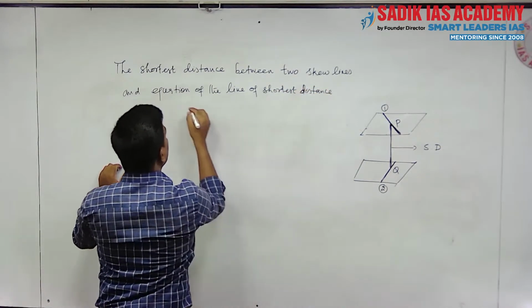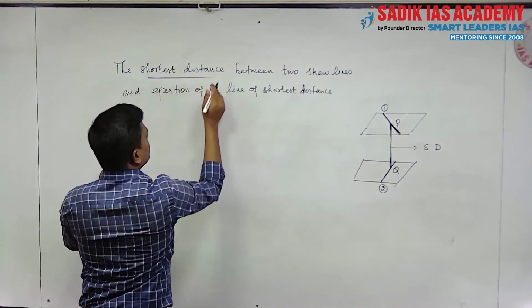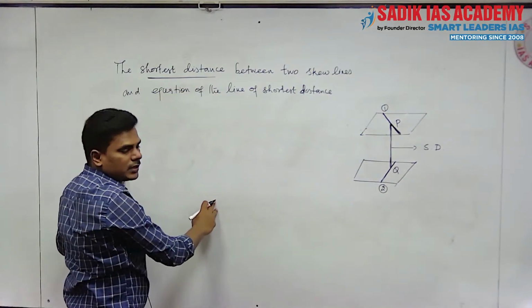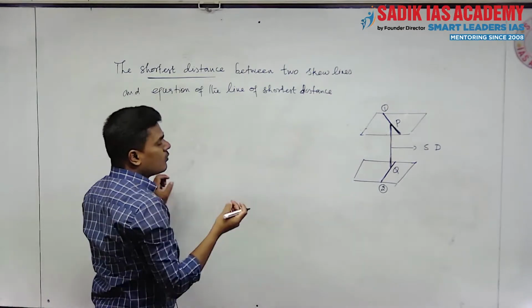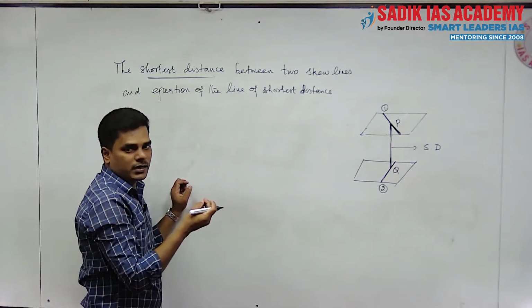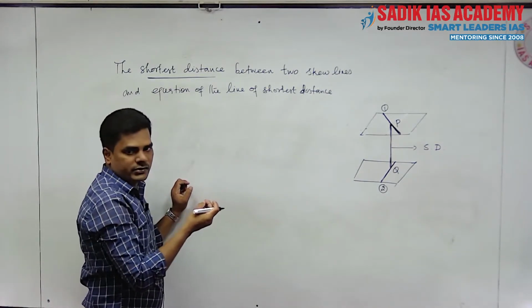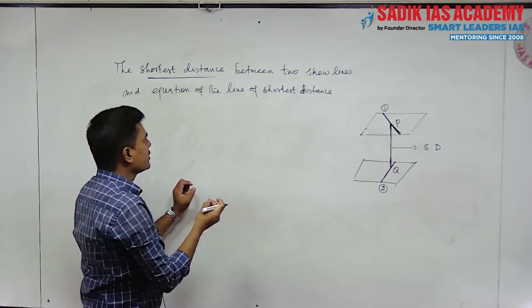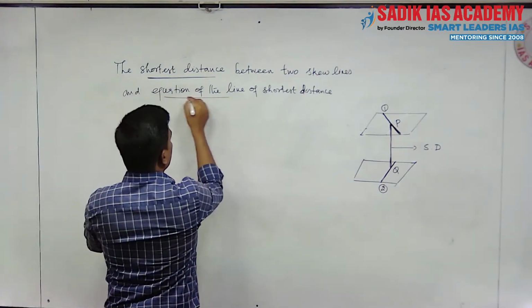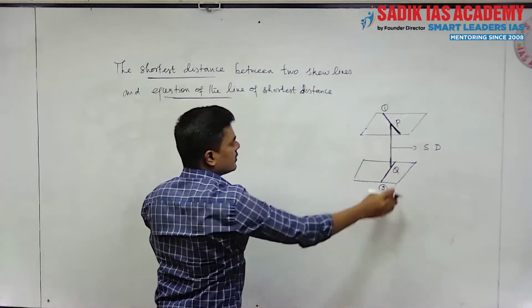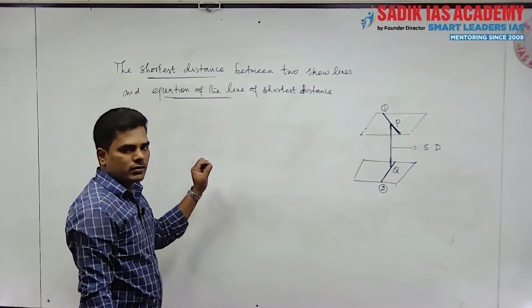Just now I said what the shortest distance is, how to find it, and the different methods we have, and also how to find the equation of the line of shortest distance. 2 things.